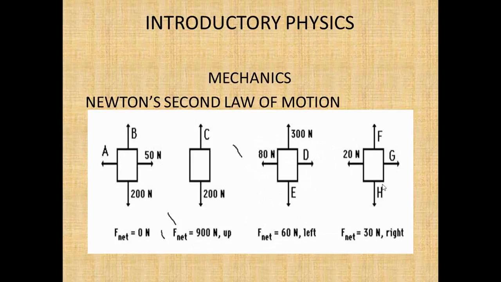And then when you look at this scenario, the net force is 30 newtons to the right. This is the force of gravity if it's on a stable surface. Force of gravity H, normal force is F. Again, your normal force is going to be the same as your force of gravity if it's on a stable surface. There is a net force to the right of 30.